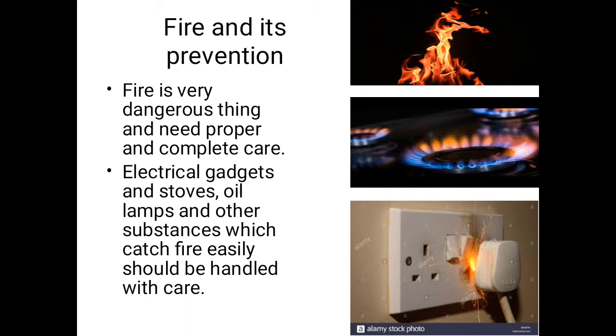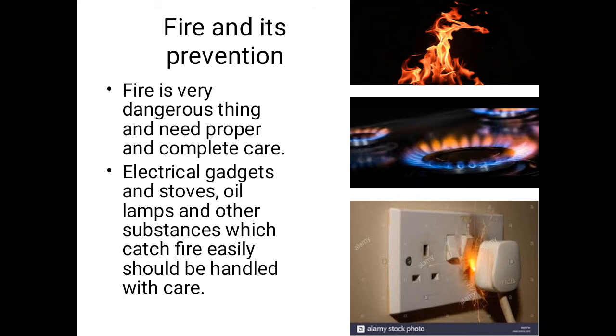So very first of all, we need to be very careful when handling electrical instruments, gadgets, or fuels or kerosene, or other materials. We see fire is a very dangerous thing and needs proper and complete care. Electrical gadgets, stoves, oil lamps, and other substances which catch fire should be handled with care.